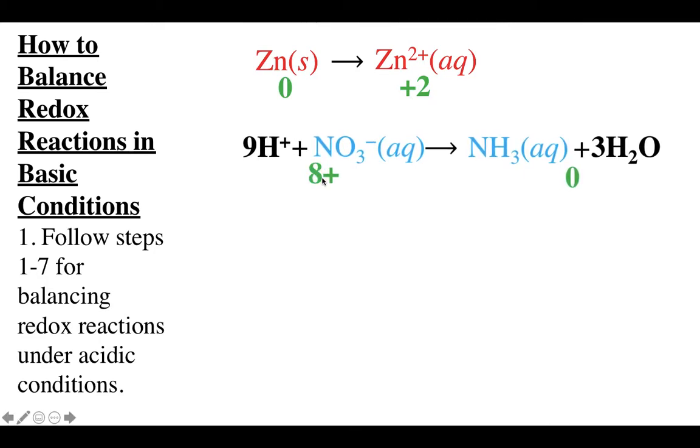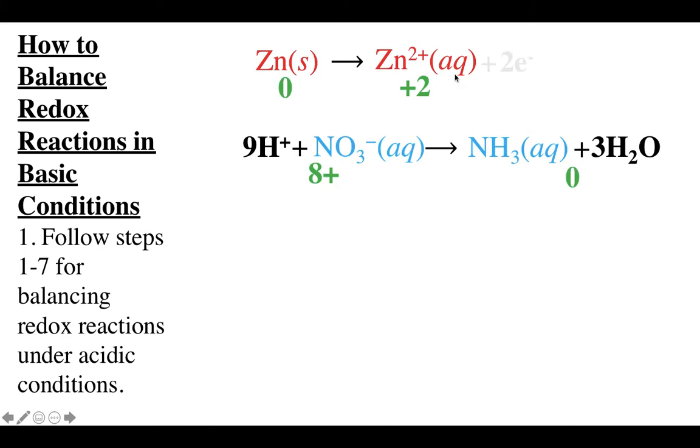All right, students, so now we have found the net charge on the half reactions, and we have to balance by adding electrons. Do we add electrons to the less positive side or to the more positive side? We're going to add electrons to the more positive side of both half reactions. In this case, it would be this side, since +2 is greater than 0.